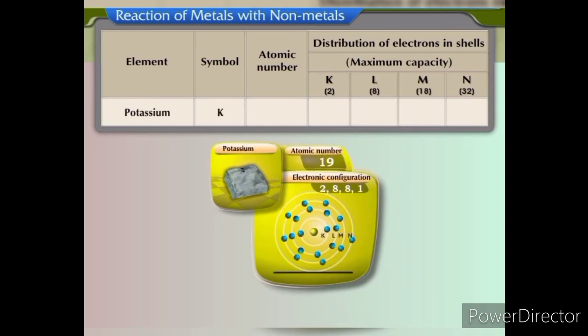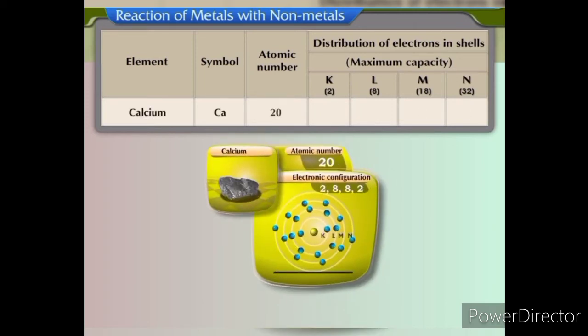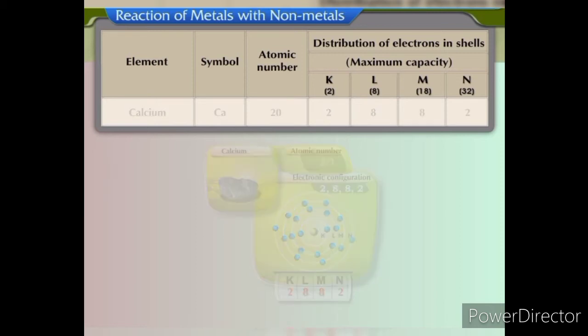Potassium, K, atomic number 19: 2 electrons in the K shell, 8 in the L shell, 8 in the M shell, and 1 in the N shell. Calcium, Ca, atomic number 20: 2 electrons in the K shell, 8 in the L shell, 8 in the M shell, and 2 in the N shell.